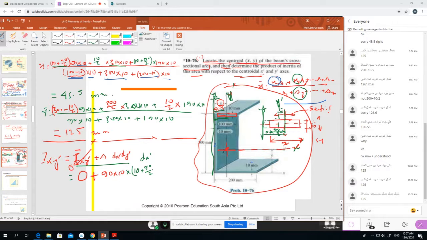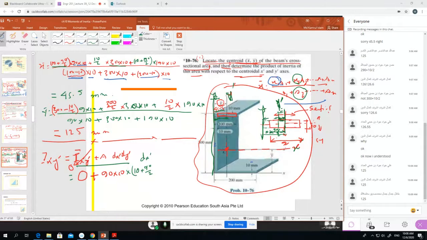But the definition of dx, we learned, is the distance between the center of the rectangle and the central axis of the whole surface. So this is the distance we actually need.